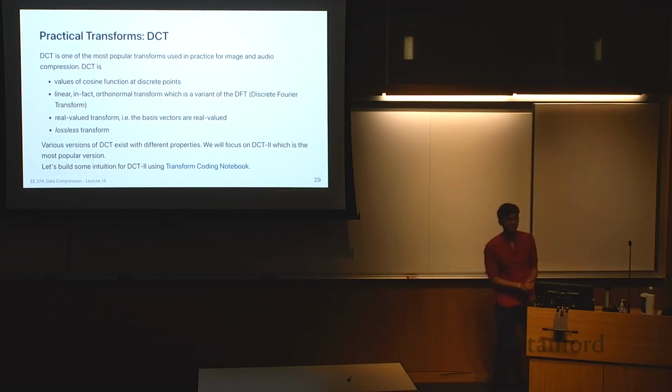How is it different from Fourier transform? You can think of it as a sister transform. Basically, the boundary conditions are different. In Fourier transform, you assume periodicity, while here you assume symmetry, so it's a different transform, very similar to Fourier transform.